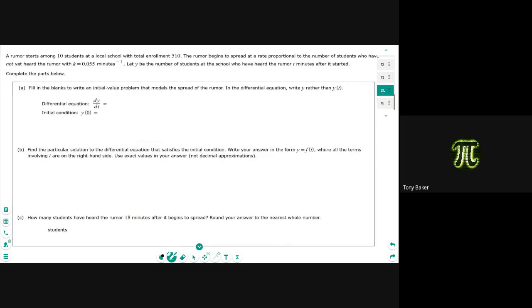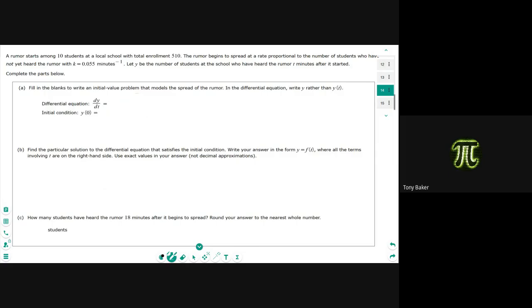All right, last one. Okay, so it says a rumor starts among 10 students at a local high school with an enrollment of 510 students.